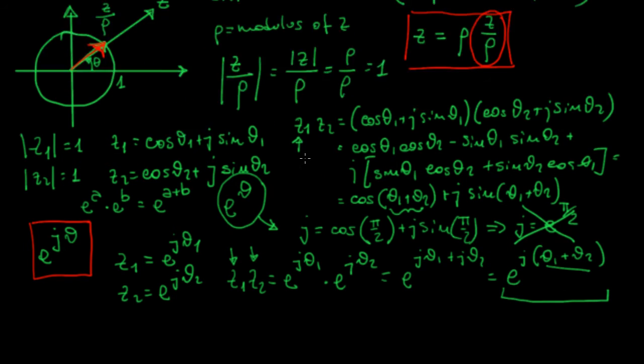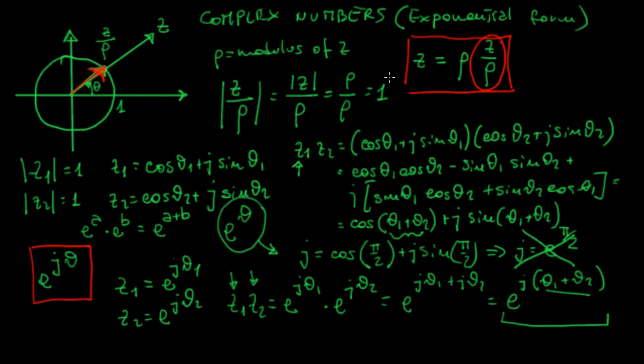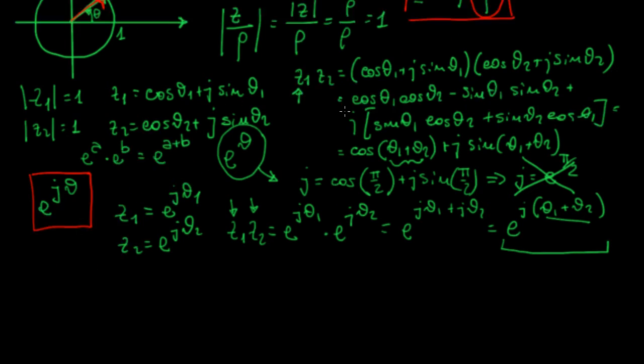But if we go back to the first position that we used, remember, we said at the starting of the lesson that each complex number z can be represented by rho times z over rho, while z over rho is a complex number of modulus 1.